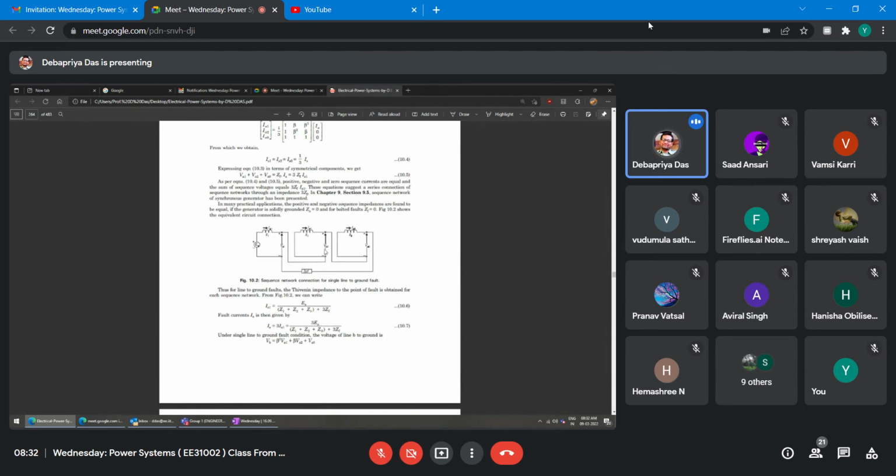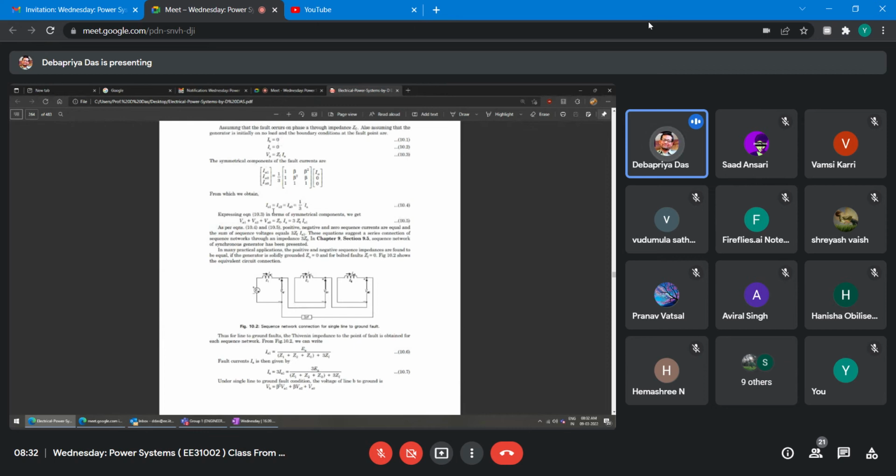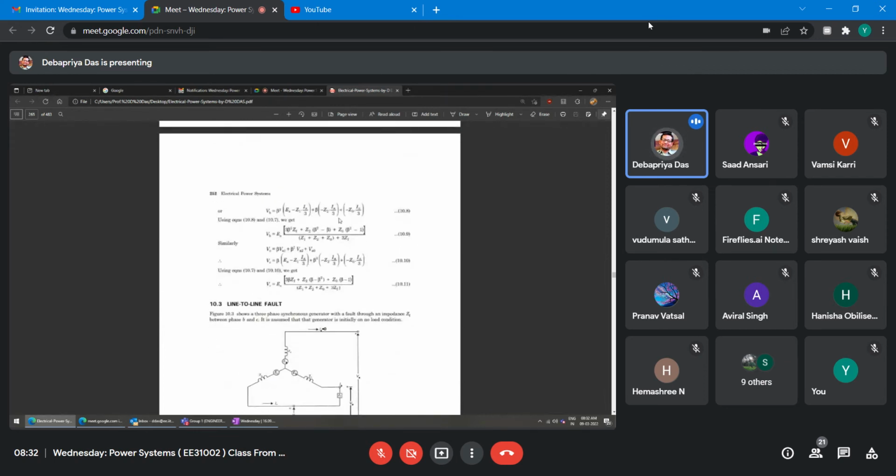Similarly VA2 you will get, minus Z2 into IA2, minus Z0 into IA0. But here you have seen that IA1, IA2, IA0 are each one third IA, all equal. So that is your VB, right? Similarly the VC expression: beta VA1 plus beta square VA2 plus VA0. You substitute VA1, VA2, VA0 and simplify, and this will be your VC, right?